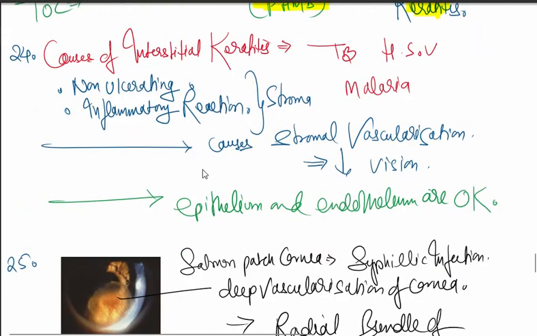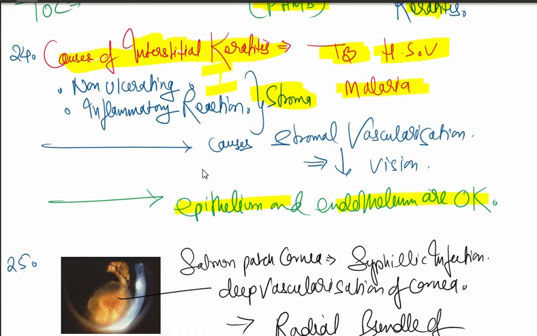Okay, next one. The causes of interstitial keratitis are tuberculosis, HSV and malaria. There can be many others too, but how do we remember interstitial keratitis? Interstitial means inner matters. So the epithelium and endothelium are okay, but it involves the stroma.